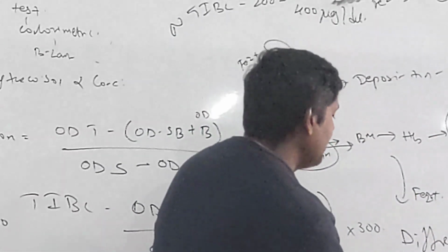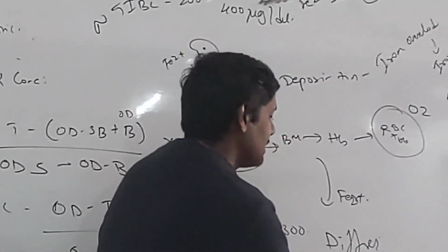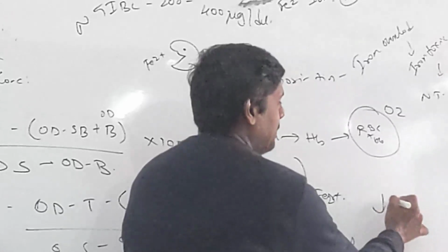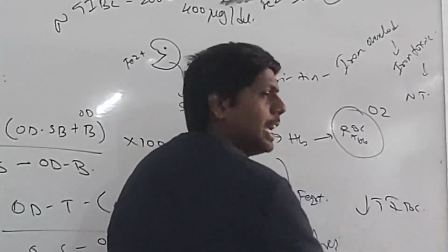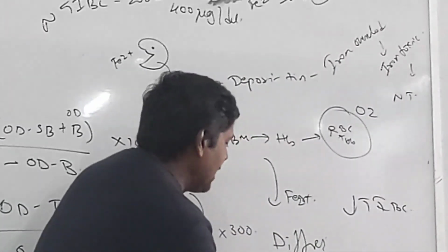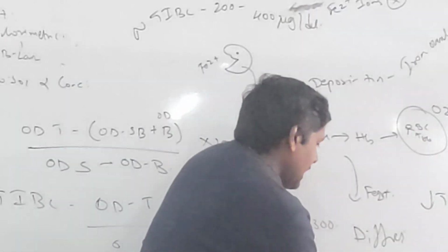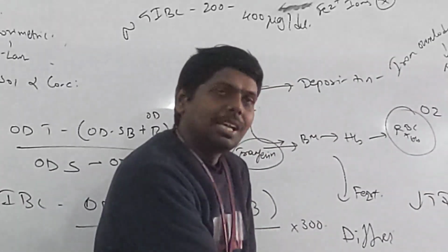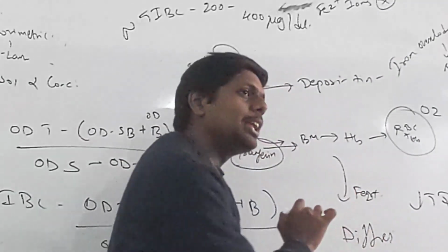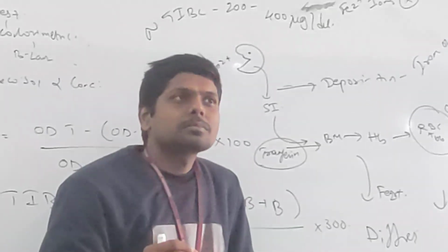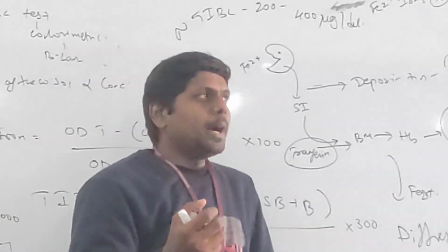What will be the MCV value in low TIBC? In low TIBC, what will be the HB value? Tell me, students. Obviously, HB will be low. Then what will be the MCV value? Mean corpuscular volume.